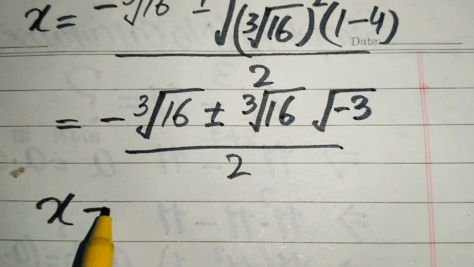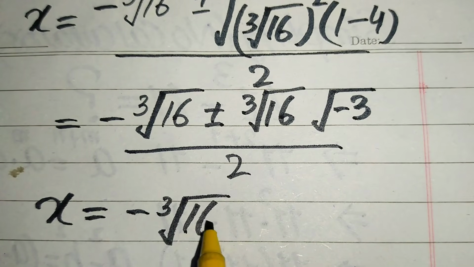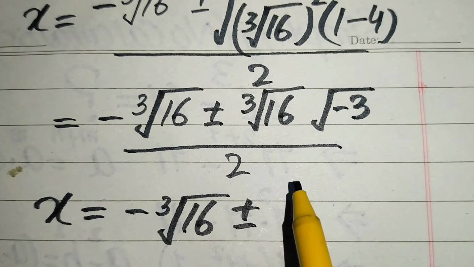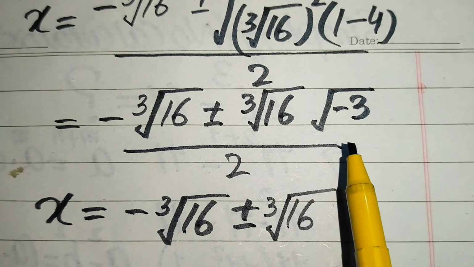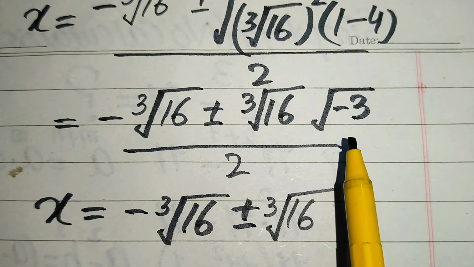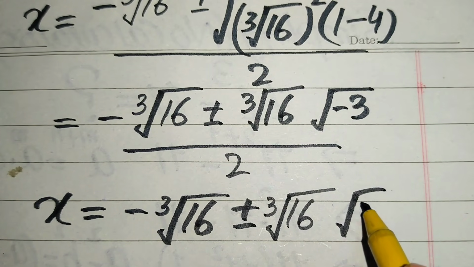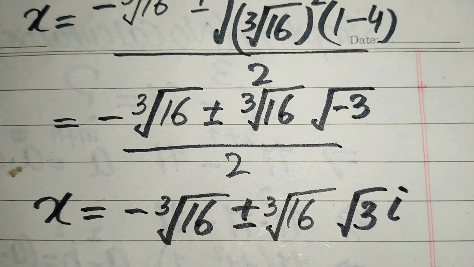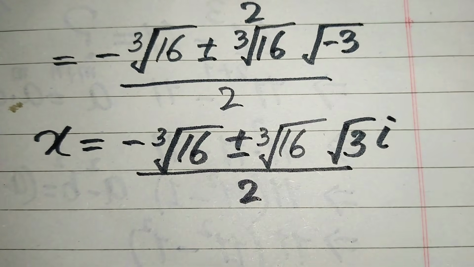So further we have x is equal to minus cube root of 16 plus minus cube root of 16, and here you see that when a negative sign appears inside the square root sign, this becomes iota, and we get square root of 3 into iota, and it is divided by 2.